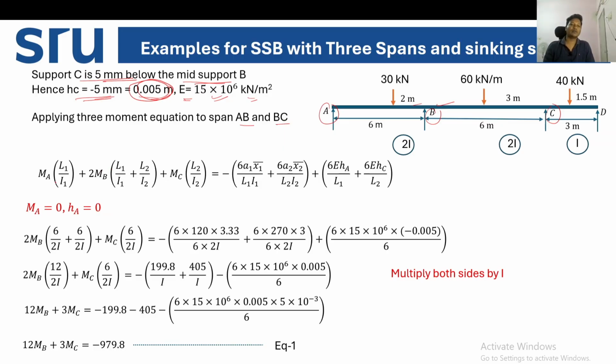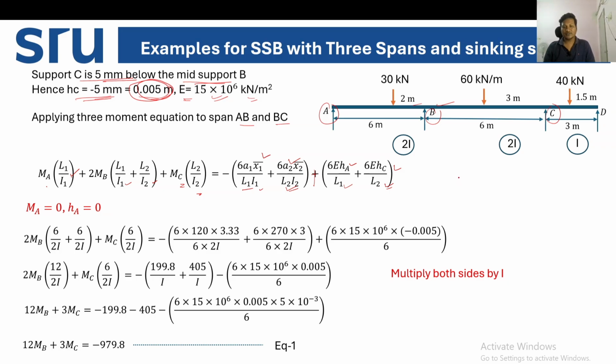It is MA into L1 by I1 plus 2MB into L1 by I1 plus L2 by I2 plus MC L2 by I2 is equal to minus 6A1 X1 bar by L1 I1 plus 6A2 X2 bar by L2 I2 plus, the extra thing we have added to the previous formula, 6E HA by L1 plus 6E HC by L2.